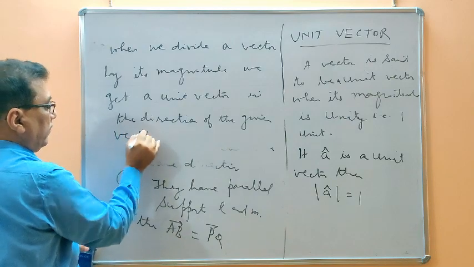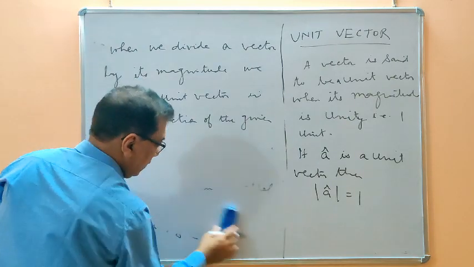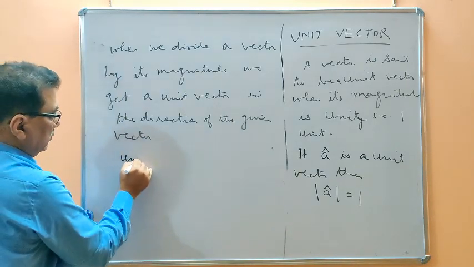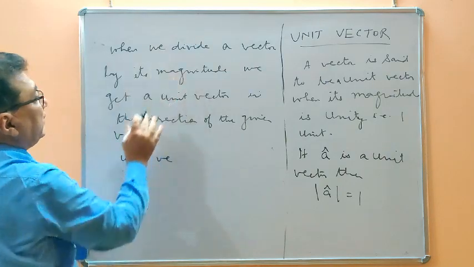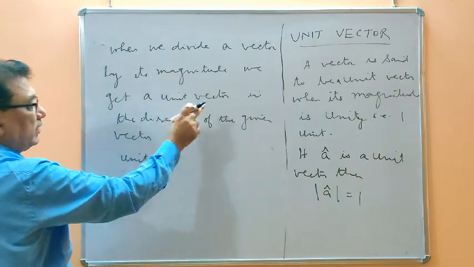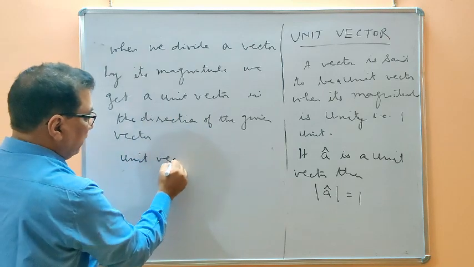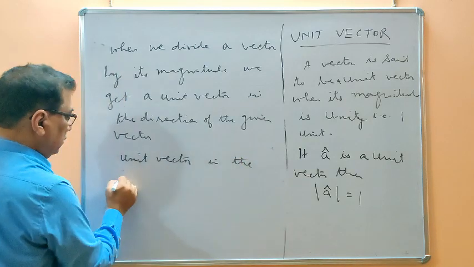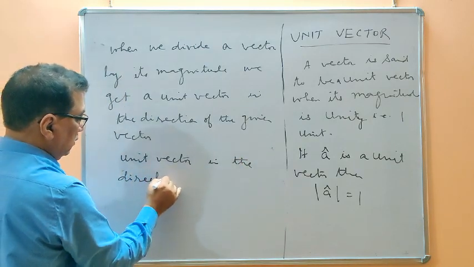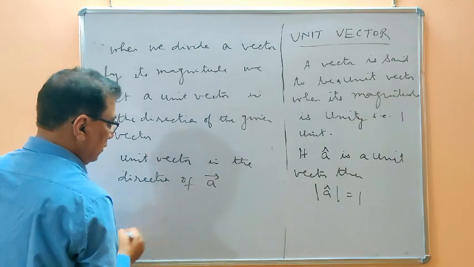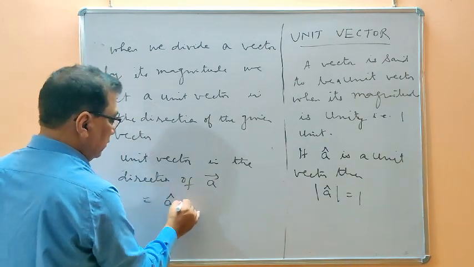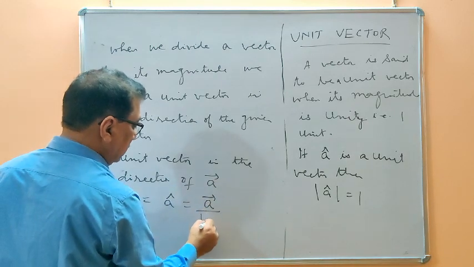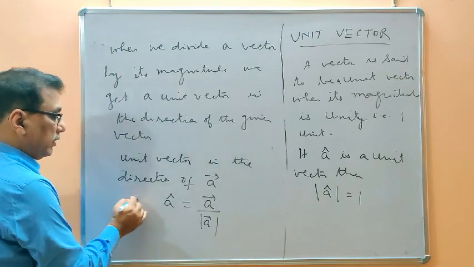Okay. So unit vector in the direction of A is A cap, and this is the vector divided by its magnitude. Okay.